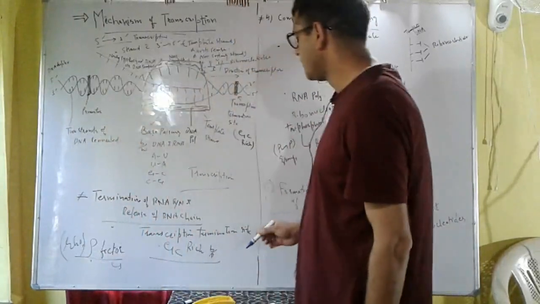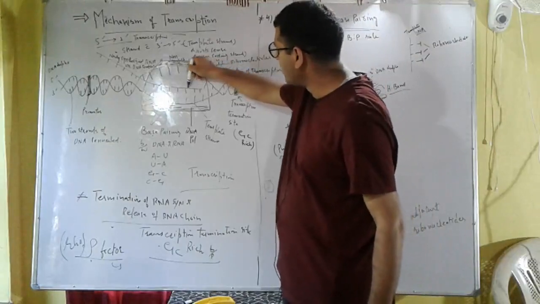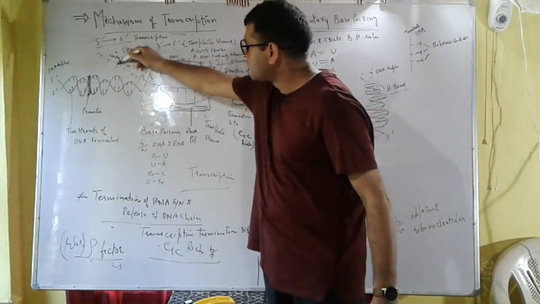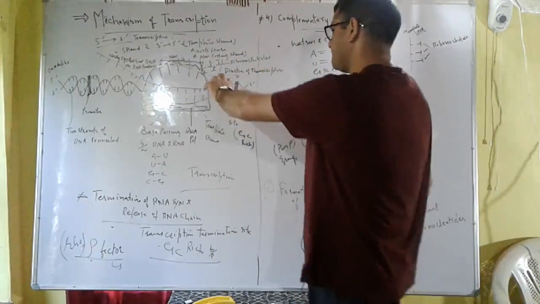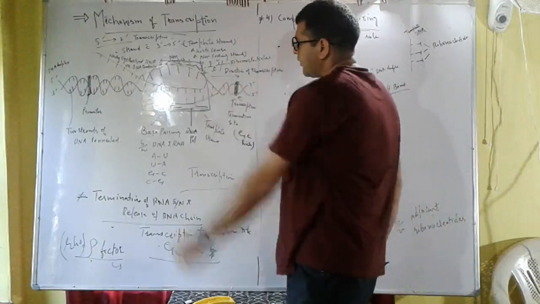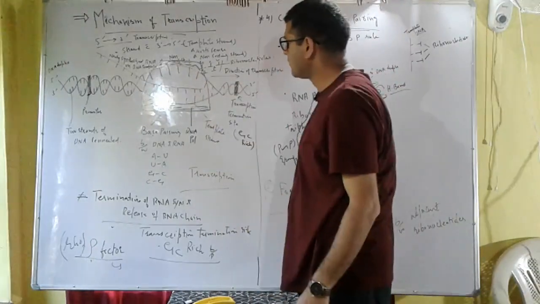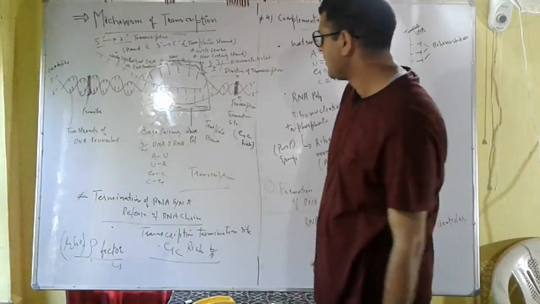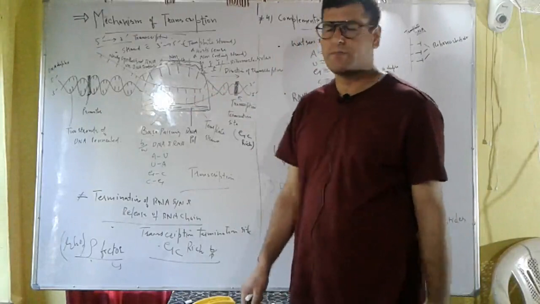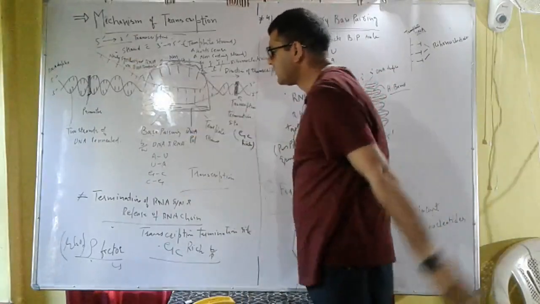It binds to the RNA chain. When it binds to the RNA chain, this Rho factor acts as an ATPase and stops transcription. This Rho factor is also responsible for the dissociation of this RNA chain from the DNA template.